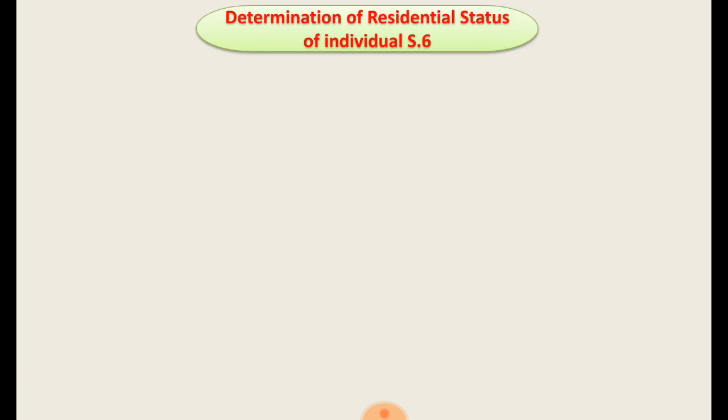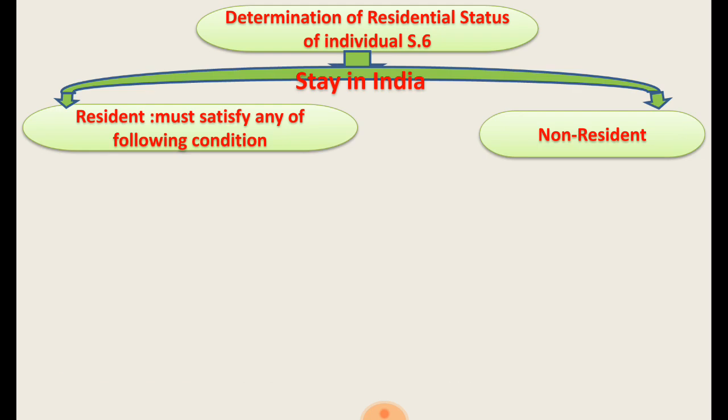Now we see how the residential status of an individual will be decided as per section 6 of the Act. As I have already told you, the individual's stay in India is considered for determination of his residential status, and not his citizenship, etc. These are not the important things.